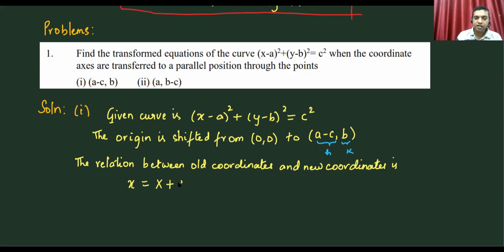What is h? a − c. Small y equals capital Y plus k, which is b. Okay, so now substituting this in this equation.